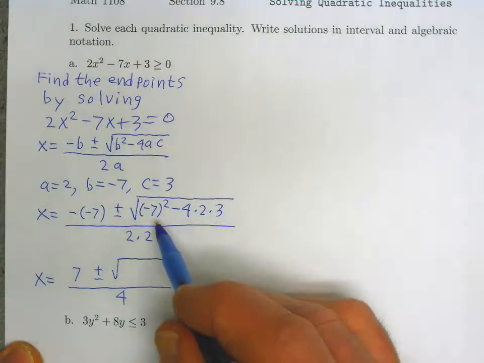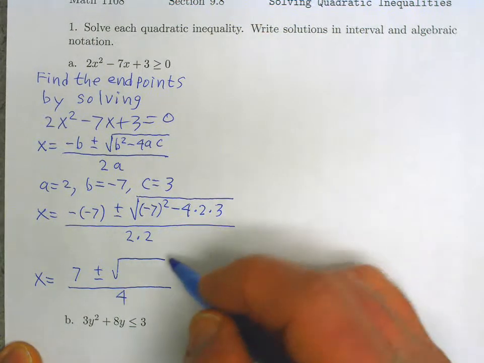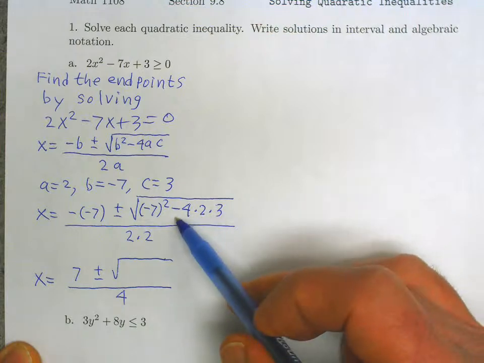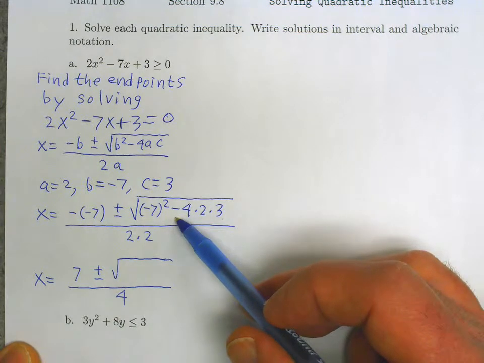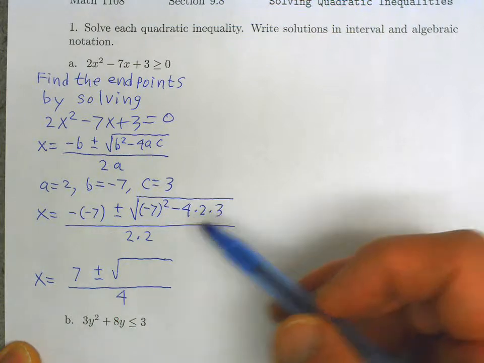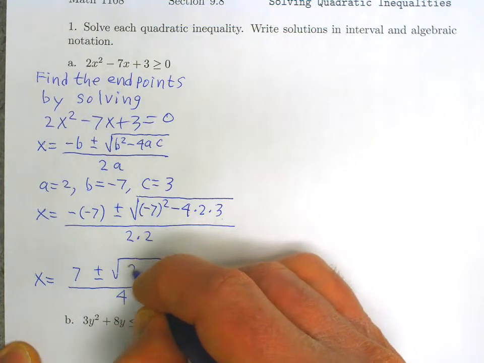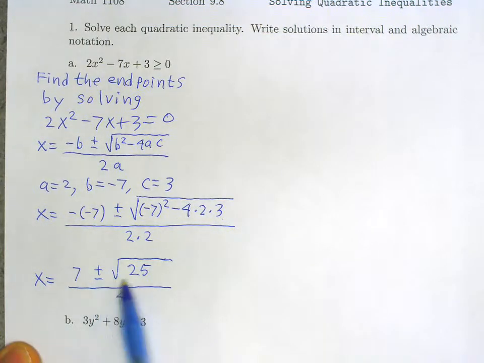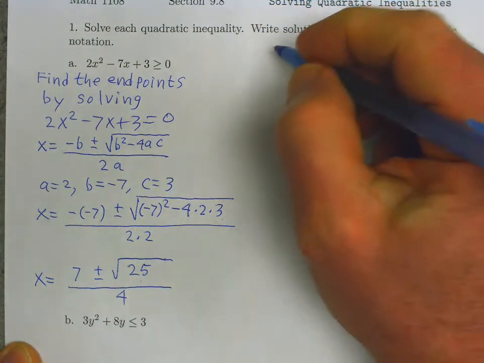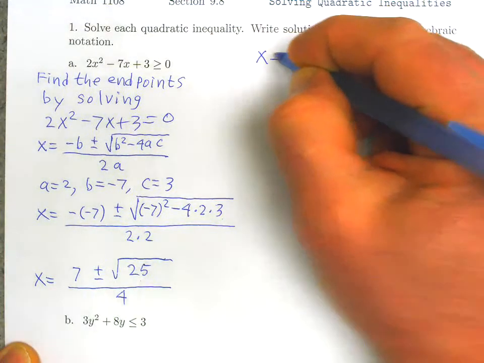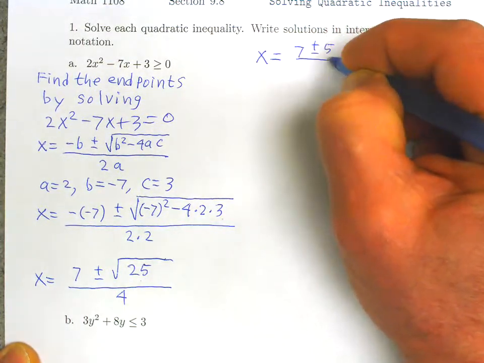Okay, inside the square root, negative 7 squared is 49, and we're subtracting 4 times 2 times 3, which means we're subtracting 24. 49 minus 24 is just 25, and the square root of 25 will simplify to 5. So up here I'll just write x equals 7 plus and minus 5 divided by 4.